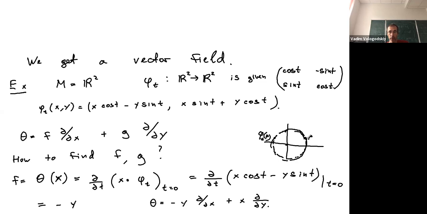So my vector field at every point P is tangent to this circle, which is clear. The coordinates of this vector are x comma y, and the coordinates of this vector are minus y, x. So the dot product is 0. Another property of this vector field is that these two vectors have the same length.